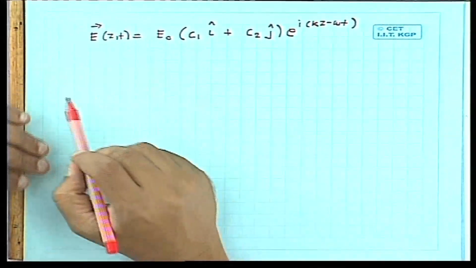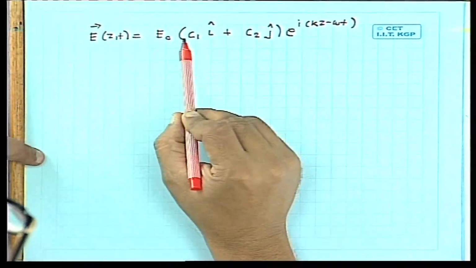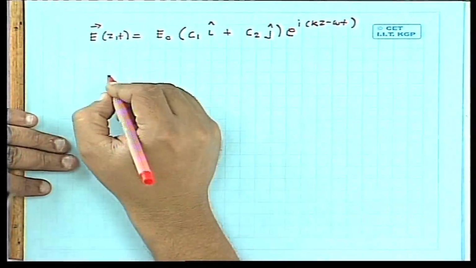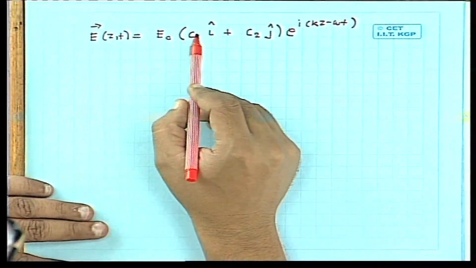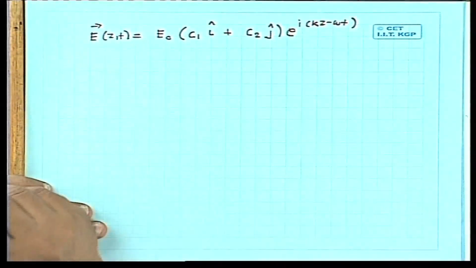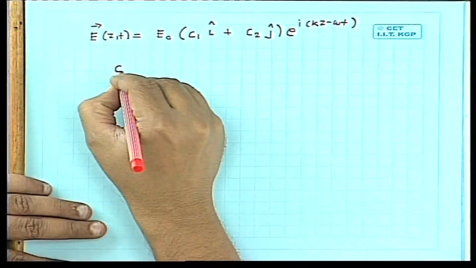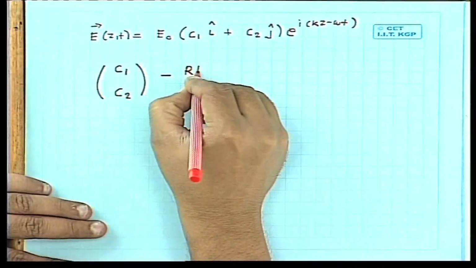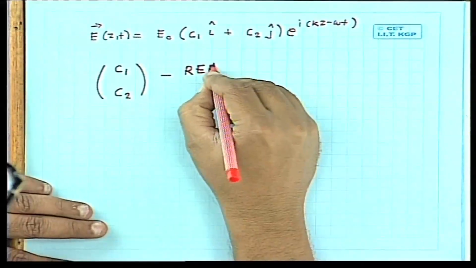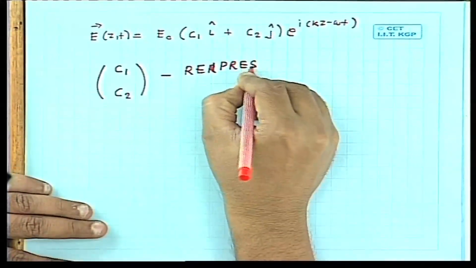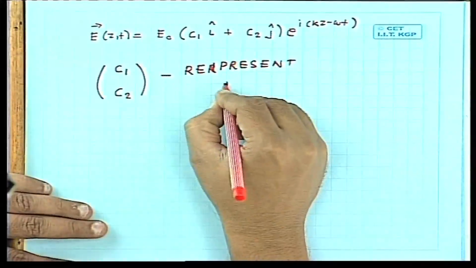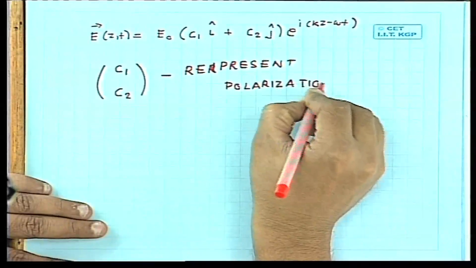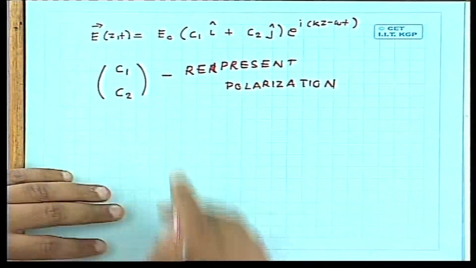Now, any arbitrary polarization can be represented in terms of two complex numbers, C1 and C2. So I will not bother about putting the rest of this thing anymore. I shall just deal with these two complex numbers, C1 and C2. They represent the polarization. So any arbitrary polarization can be represented in terms of C1 and C2.